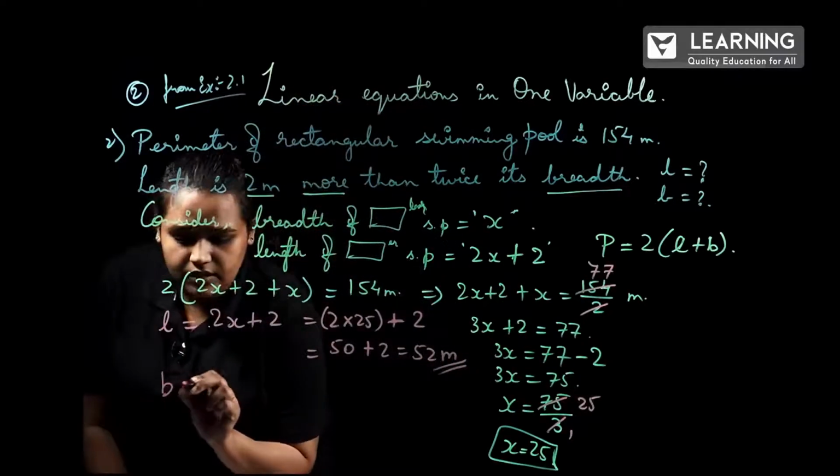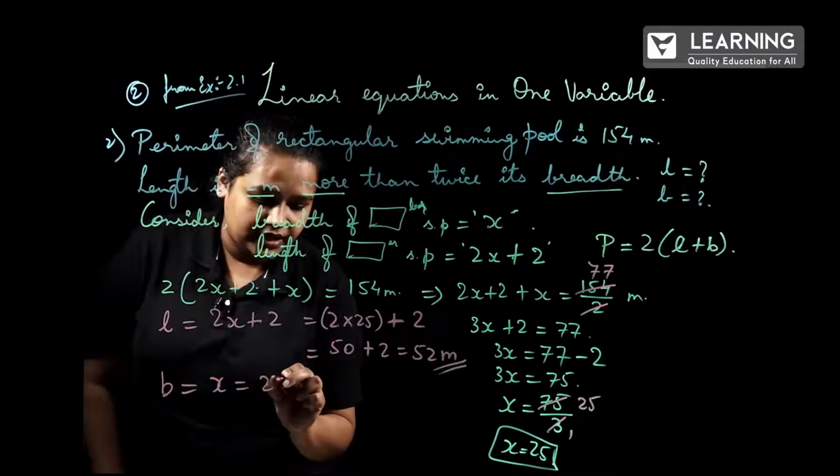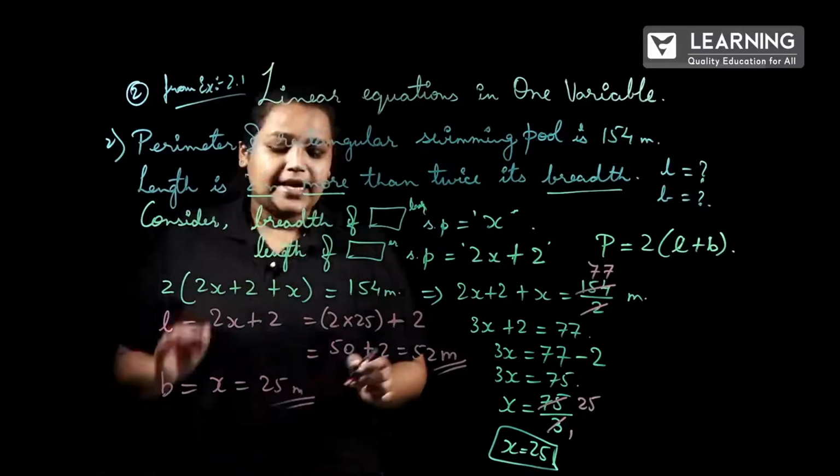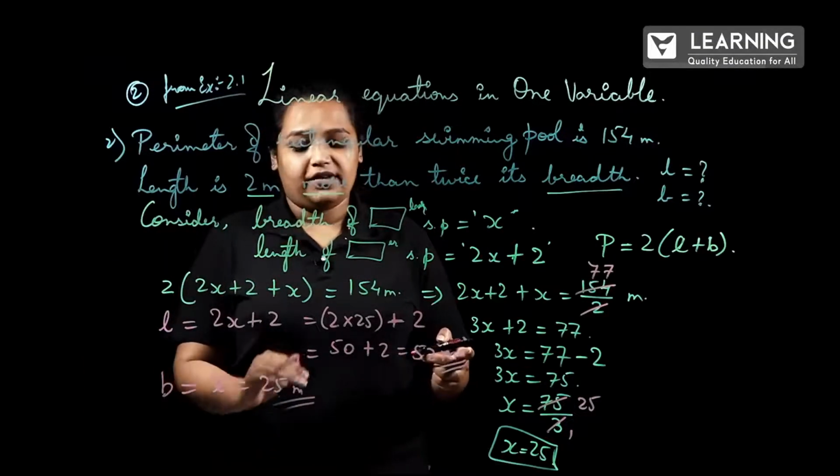Next, breadth. Breadth is x, which means 25 meters. So the length is 52 meters and the breadth is 25 meters.